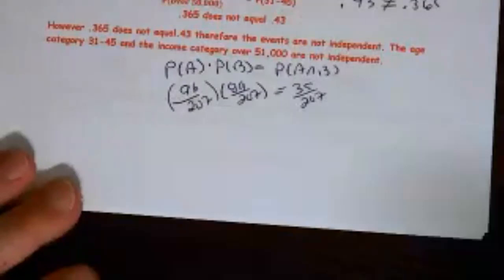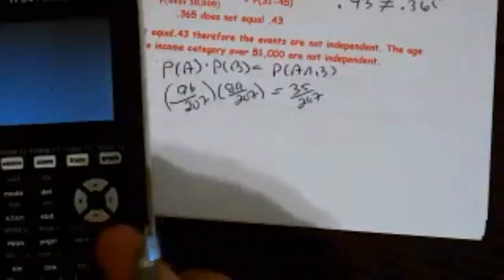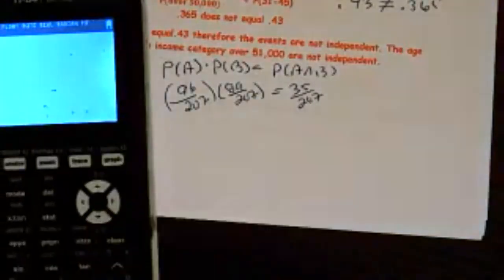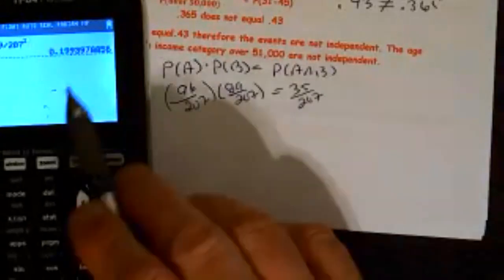Well, I don't know what those numbers are, but let's try it out and see what happens. 96 times 89 divided by 207 squared gives me 0.1993.